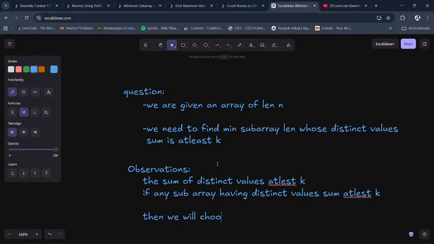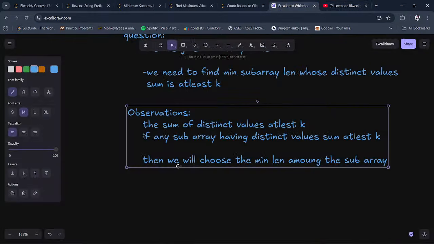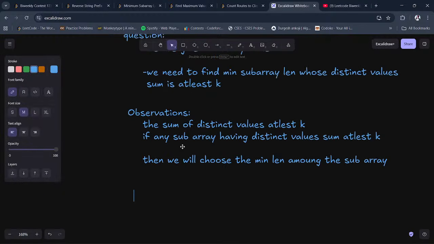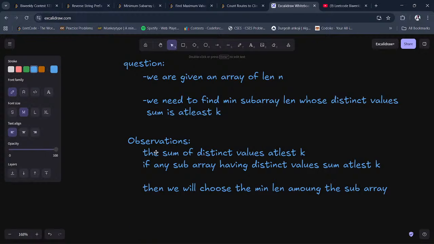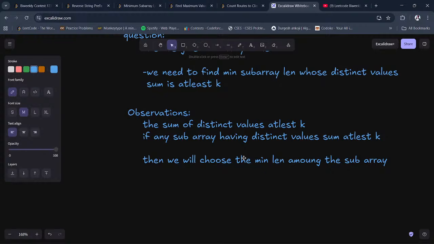Then we will choose the minimum length among those subarrays. I hope this is clear. So if we can somehow find a subarray whose distinct value sum is at least k, it is one of the possible answers, and among all those subarrays we find the minimum length.